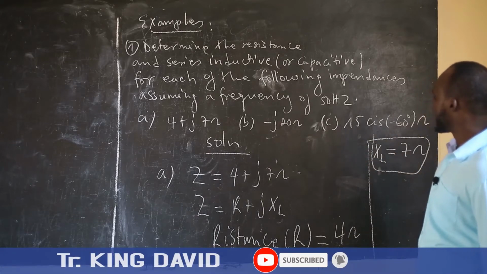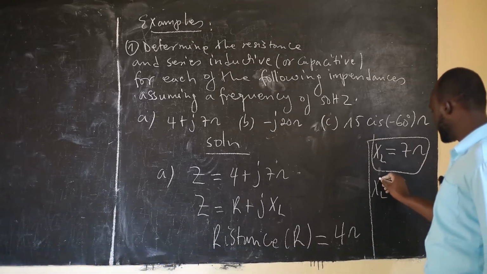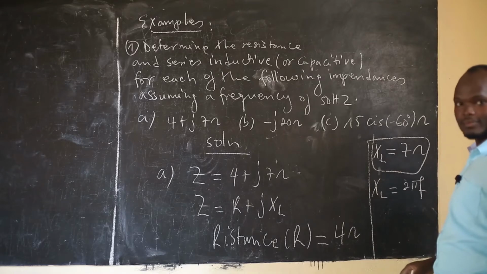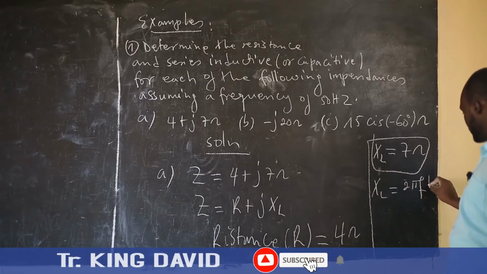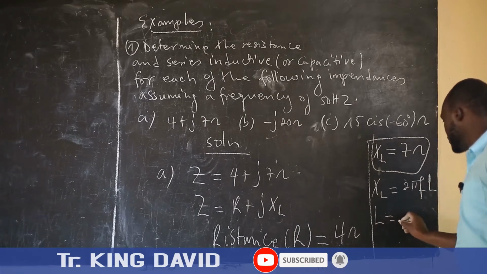Then, after you know that XL equals 2 pi f L, where f is the frequency, how do we get L?